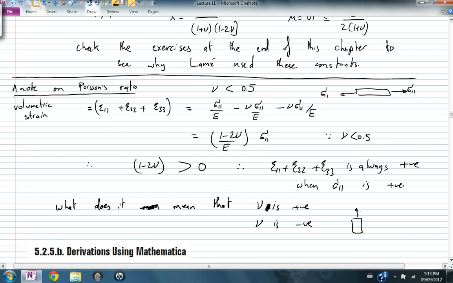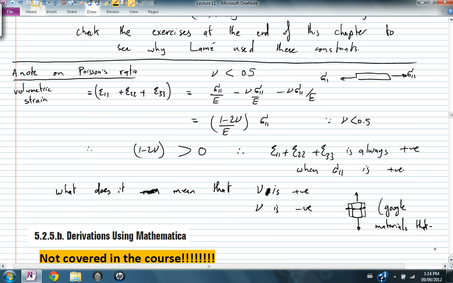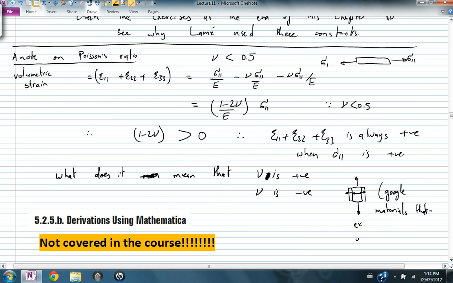Poisson's ratio is negative means as you pull, rather than the material contracting in the third direction, it actually expands. And you should Google materials that expand laterally upon pulling.